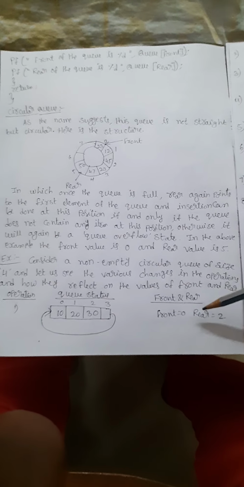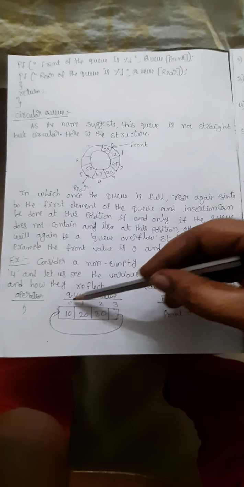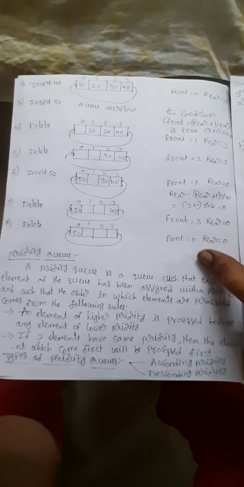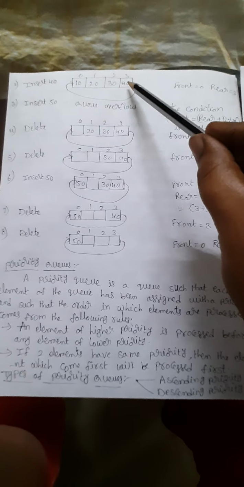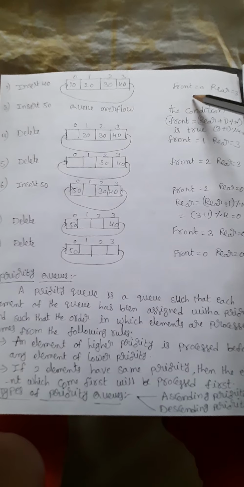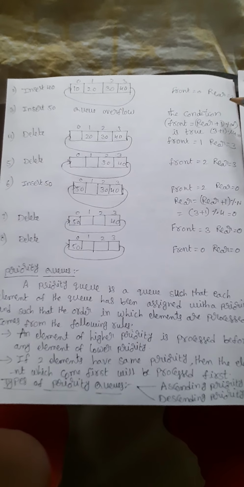We have inserted the values 10, 20 and 30. Now the front position is 0 and the rear position is 2. If we want to insert another element, 40, the insertion is always done at the rear position, so now front equals 0 and rear equals 3.